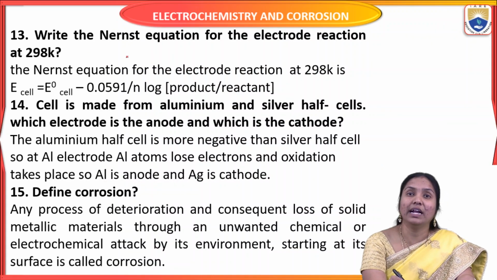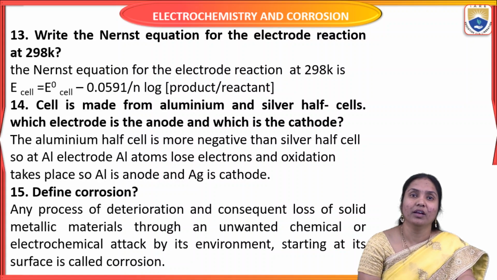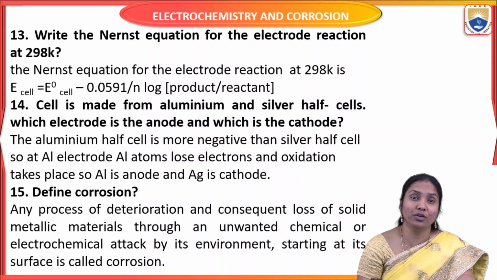Next question: write the Nernst equation for the electrode reaction at 298 Kelvin. The Nernst equation is mainly used for determination of electrode potentials and concentrations of solutions, also for the number of valency electrons involved in the reaction, and for determination of pH.